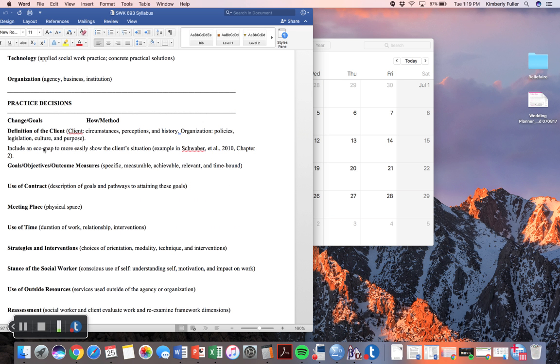And then you could include an ego map to really look at the client's situation. There is an example of this underneath the welcome module. You can find an example paper from a textbook, and you can find a more detailed synopsis of what this paper is really looking for.